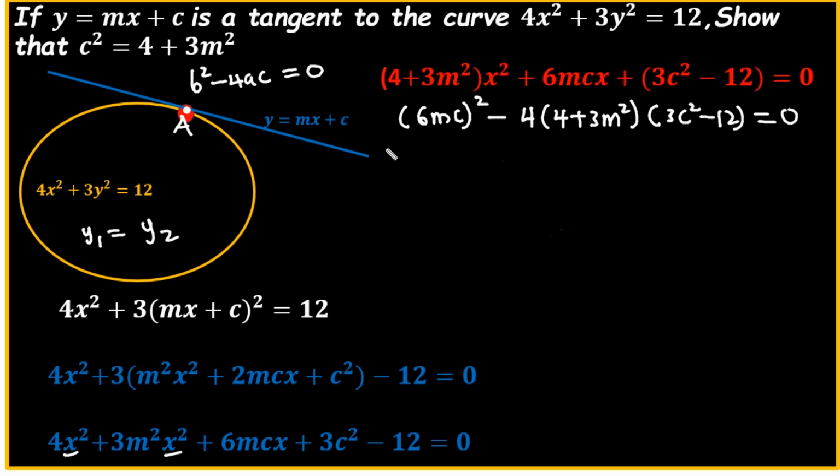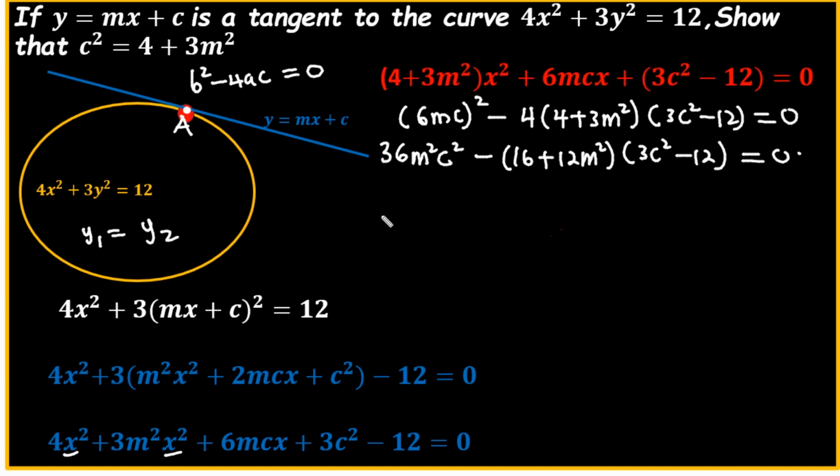So this is 36m squared c squared minus, I'm going to first multiply this 4 through this bracket to obtain 16 plus 12m squared, then 3c squared minus 12, everything is equal to 0.